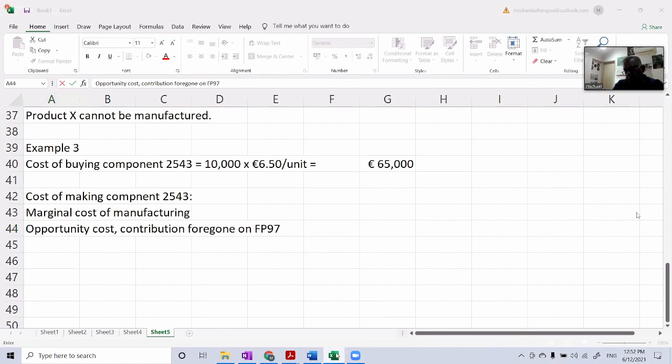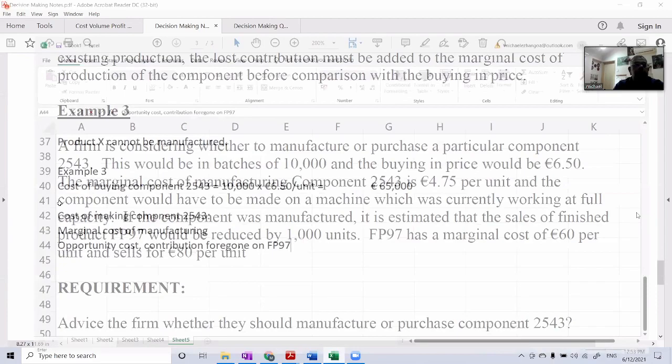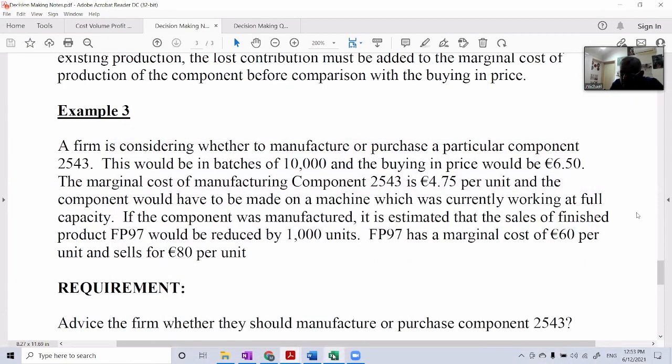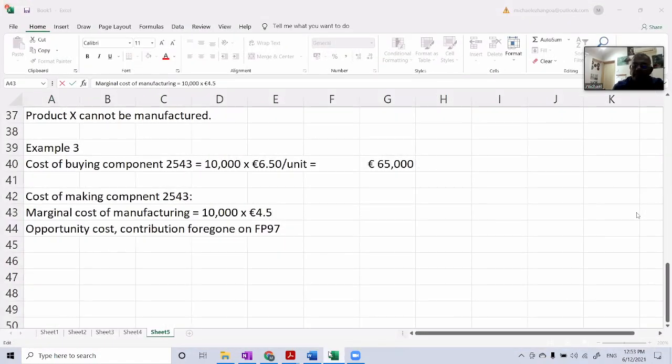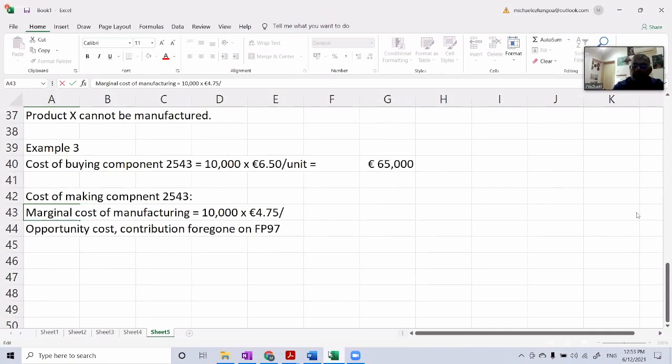If you look at FP97, yeah, all right. Now, marginal cost of manufacturing would be 10,000 times 4.75. Sorry, 4.75 per unit.